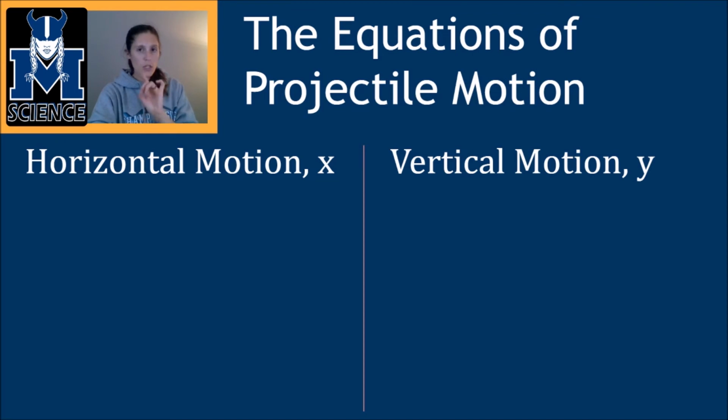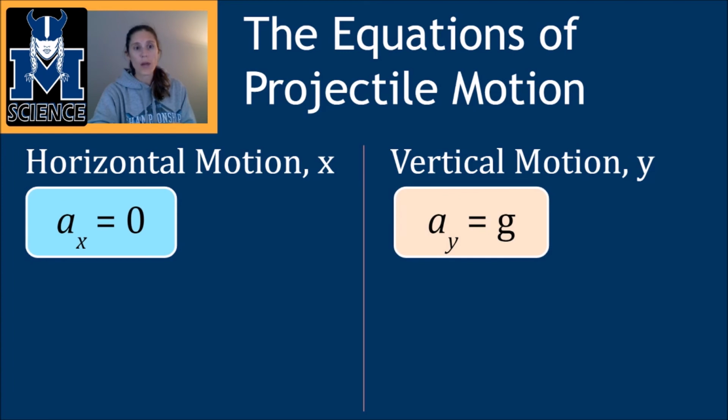But the equations that you're going to use for projectile motion are almost simpler than the ones that we've been looking at. They're the same, but you can simplify the horizontal motion because we don't have any acceleration in the horizontal direction. Vertical motion looks very similar to our free fall problems. Okay, because the acceleration is g, and a lot of times that's going to be negative g, right? If you call vertically upward the positive y direction.